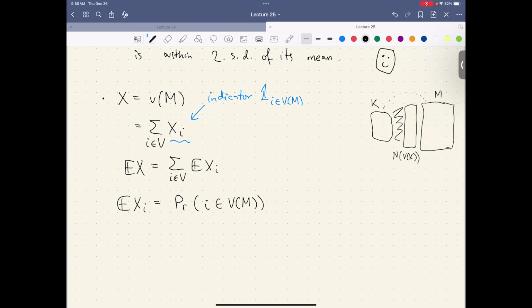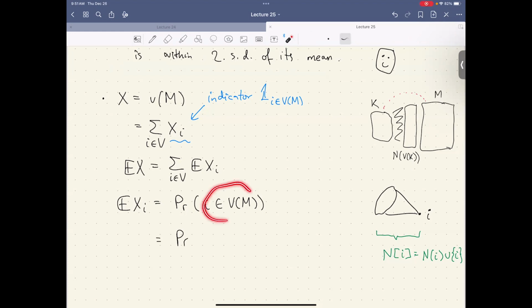When does a vertex i lie in M? Let's look at this. This is the neighborhood, okay? Now let's give a name. Let's write N bracket i for the closed neighborhood, that means the neighborhood of i union i itself. Closed neighborhood includes the vertex itself. Let me write the conclusion first.